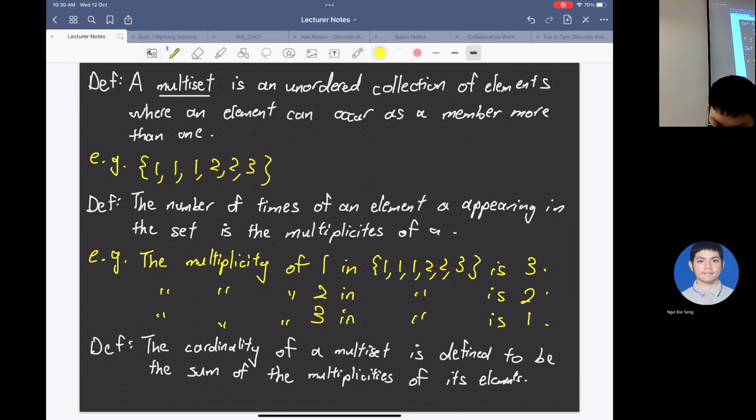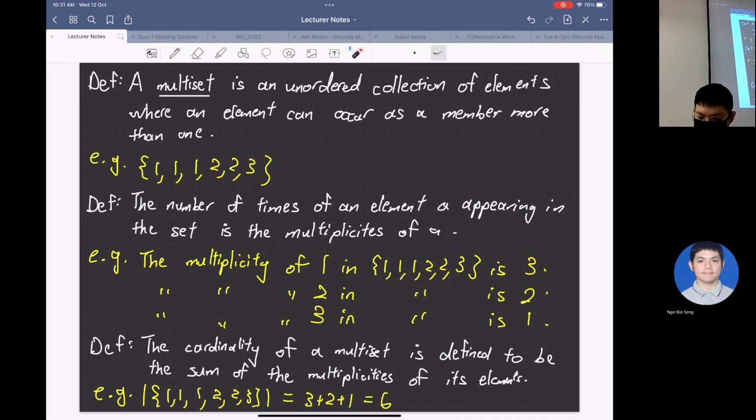So for example, just now I give you this set here. What's the cardinality of this set? 6. So it's 3 plus 2 plus 1 equals 6. Okay. Sum of the multiplicity. Good.